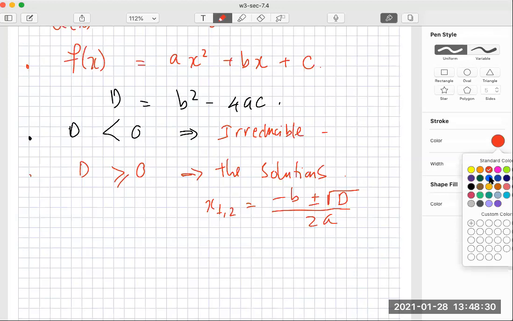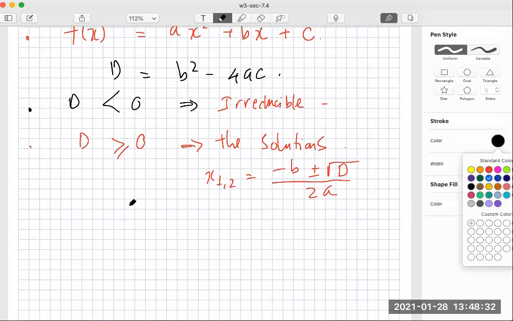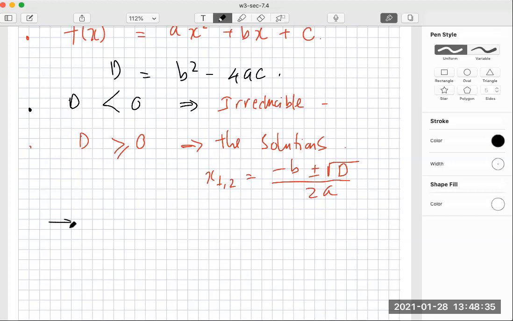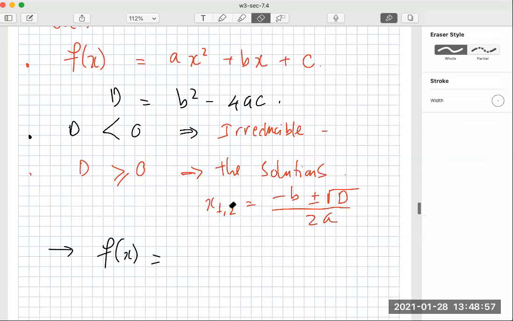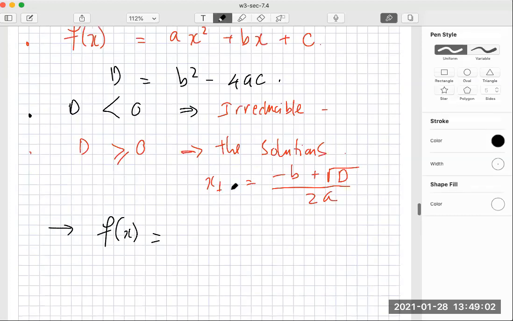And we can always write this. The solutions, x1 or x2, the two solutions. Or do you mean x1 comma 2? Yeah, x1, or you can write it this way. X1 would be this, and x2.